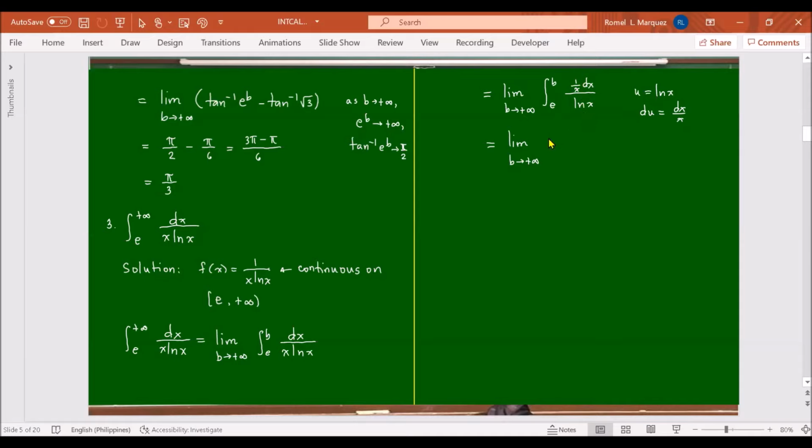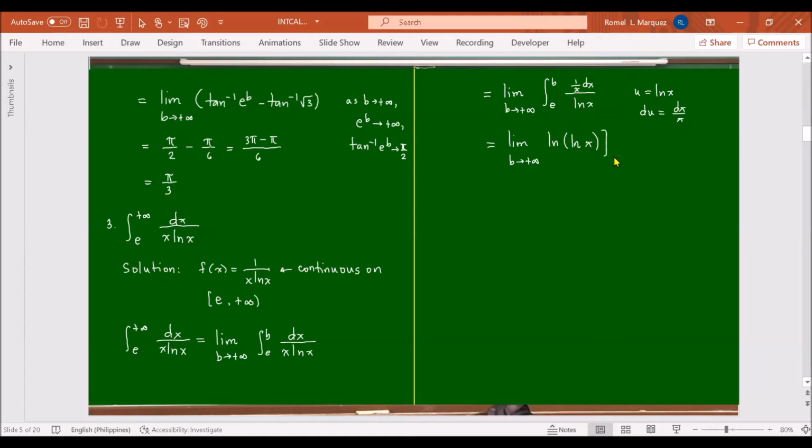So we have ln of ln x. No need for absolute value here because ln e is positive and also positive for x greater than e. Okay?